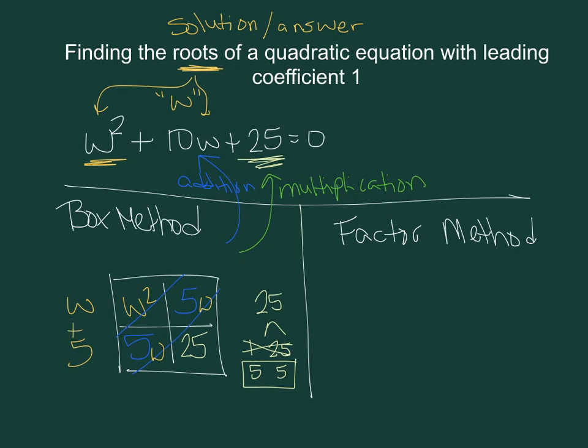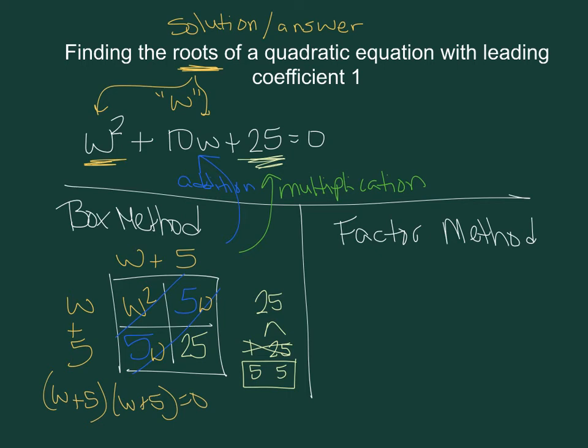So we have w plus 5. Now let's go vertical. 5w and w squared, that's a w. And 25 and 5w, I can factor out a 5. So what I have here is w plus 5 times w plus 5 equals 0.